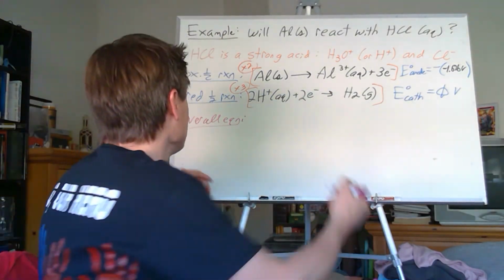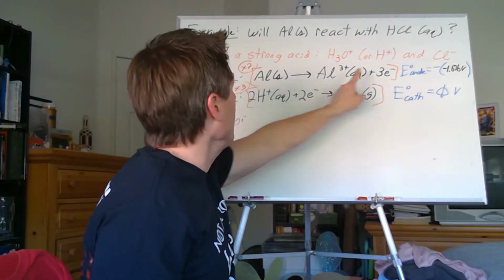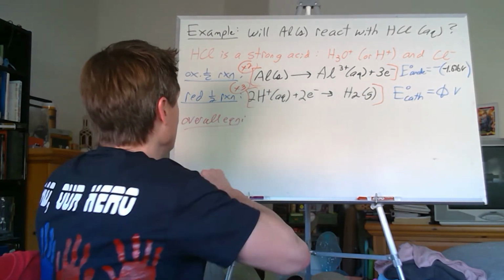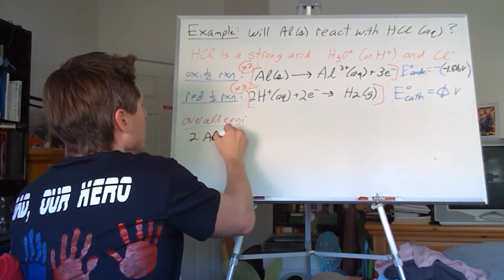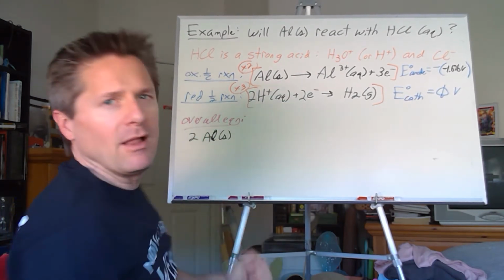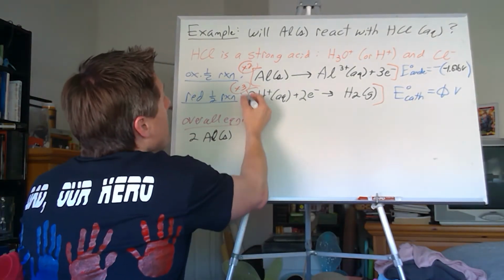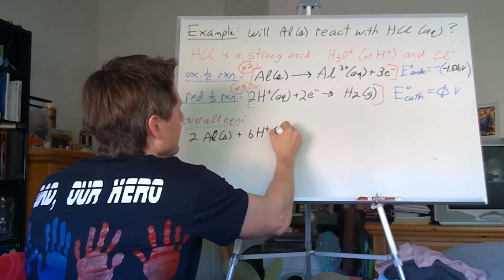Let's do it. Now let's do the overall equation. So the electrons will cancel out. So we'll have 2 aluminums, 3 times 2 is 6 hydrogen ions. So 2 Al solid, plus 2 times 3 is 6 H+ aqueous.